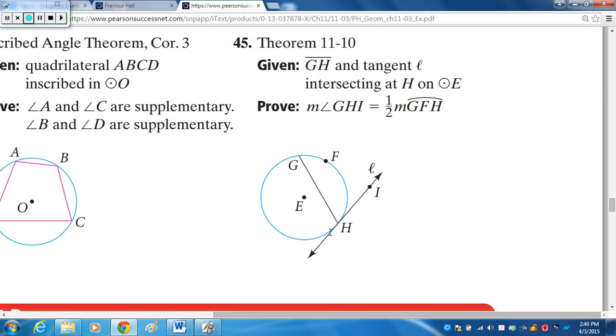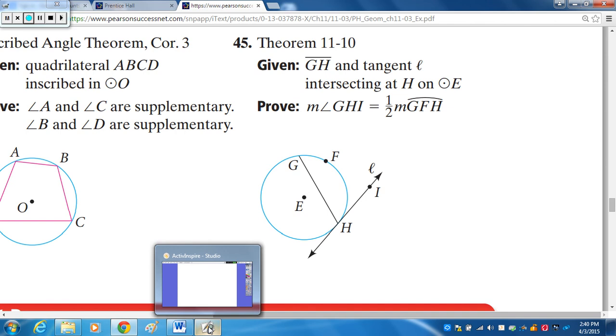This angle's relationship is tied to this arc. So if the sum is 360 and the sum is 180, then this arc measure divided by 2 would have to be this angle measure, and this arc measure divided by 2 would have to be this angle measure. I hope that made sense to you. If not, we're going to practice a couple of problems so you can see what I'm implying here, but that's the gist behind the concept.